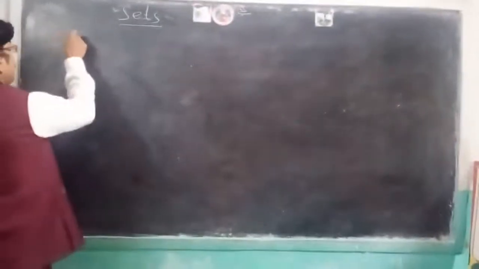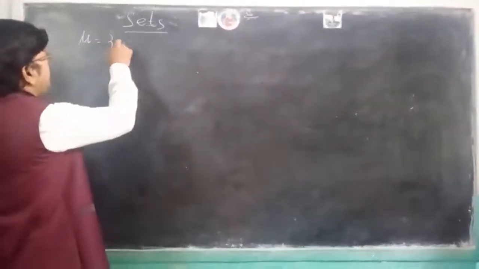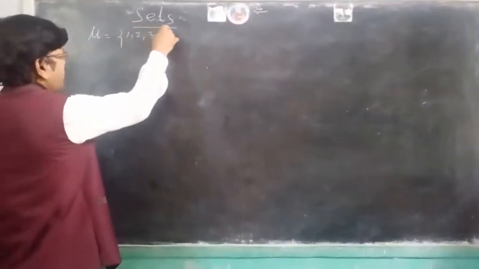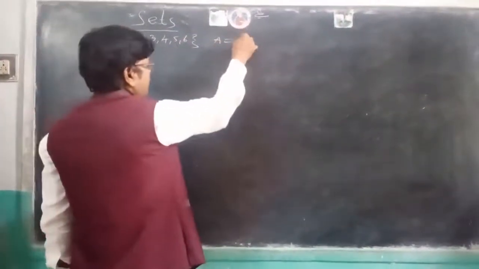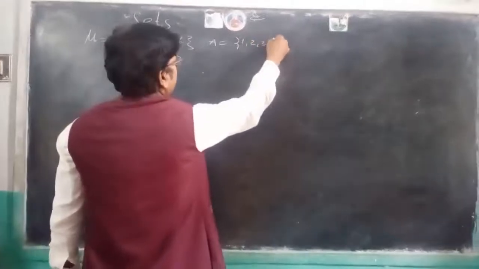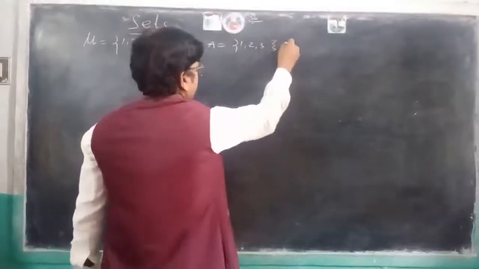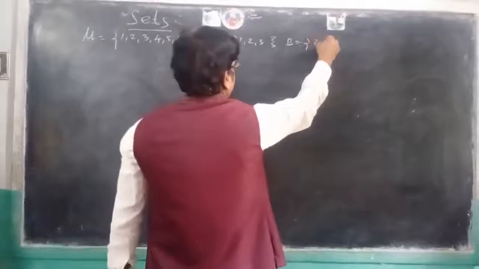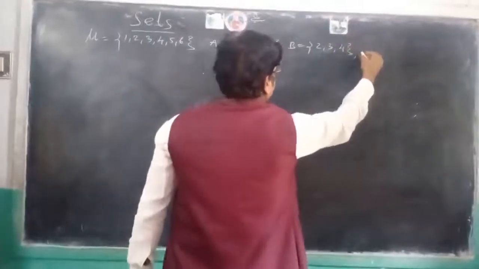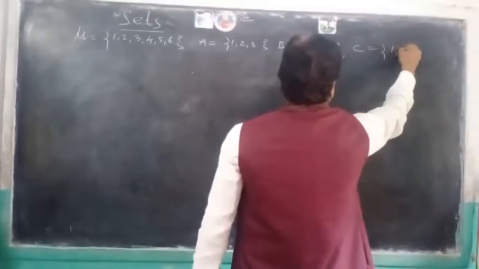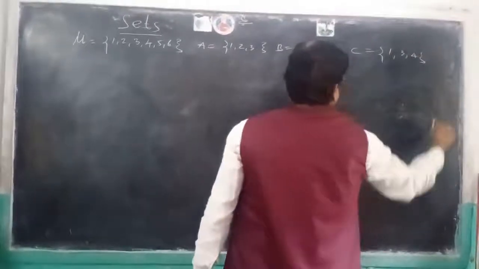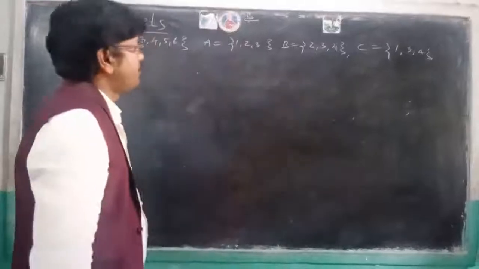Here, for example, mu equals the set of 1, 2, 3, 4, 5, 6, and A equals 1, 2, 3, B equals 2, 3, 4 and C equals 1, 3, 4.